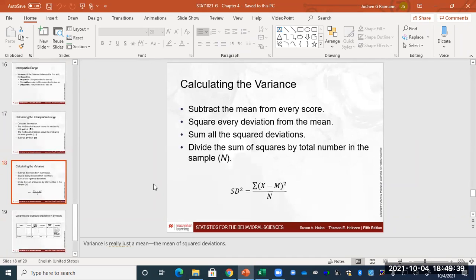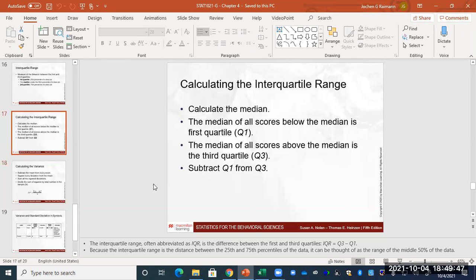Then the calculation of the variance. Any more questions on the IQR? Yes. What did we get for Q1 first? We're building a median of the lower 50%. You could just do an average. No, you do the median.